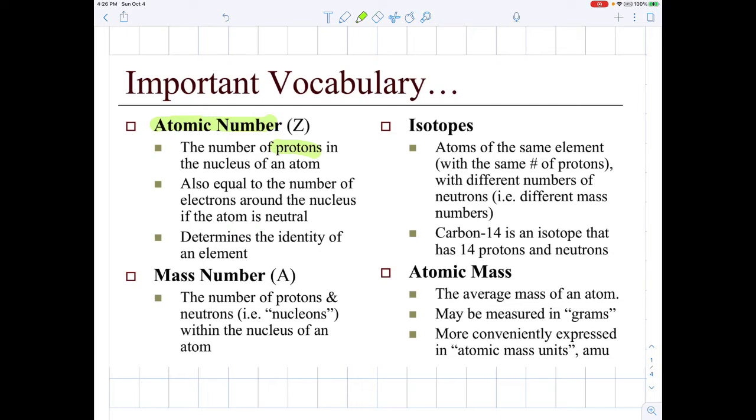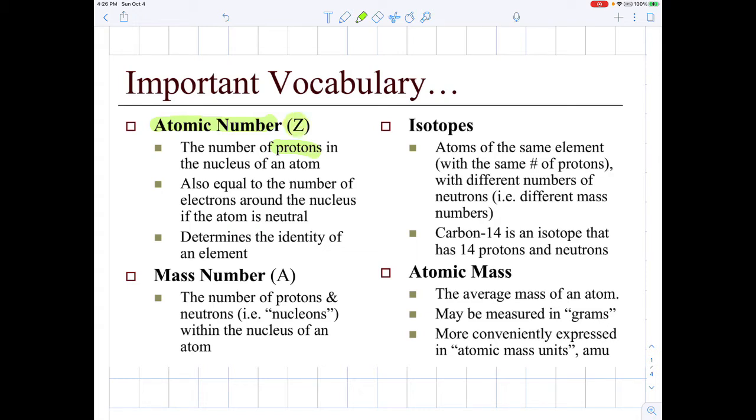When you look at a periodic table, you'll see hydrogen has the atomic number 1, so every single hydrogen atom has 1 proton at its center. If you look at the element carbon, you'll see an atomic number of 6 on the periodic table, so therefore every carbon atom has 6 protons in the nucleus. The atomic number identifies the element that you're dealing with.